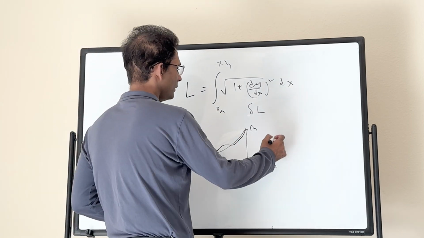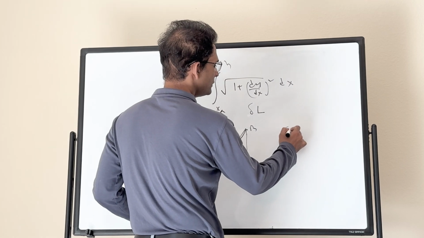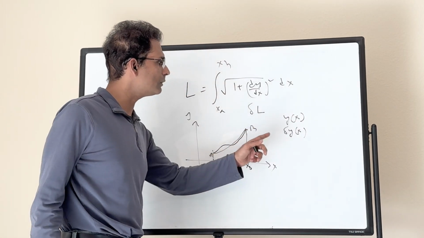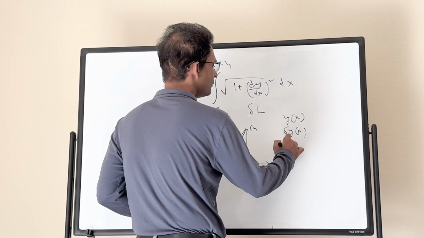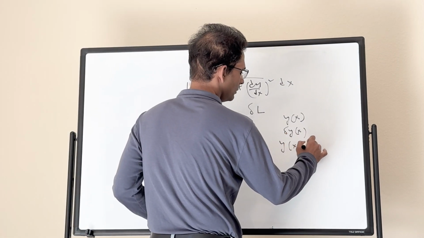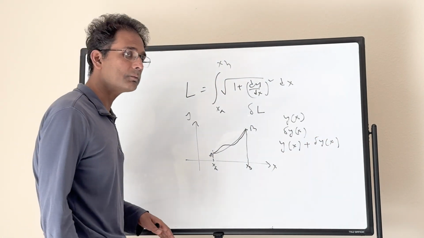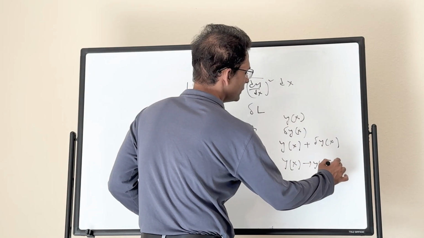This variation I'm going to denote by delta y(x). So if y(x) is the optimal curve, then delta y(x) is the variation. The new curve is given by y(x) plus delta y(x). Sometimes I will write this as y(x) goes to y(x) plus delta y(x).